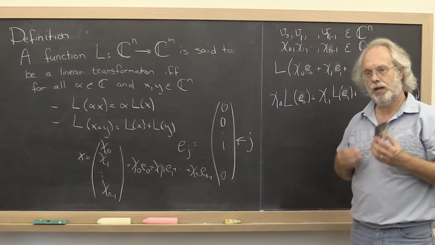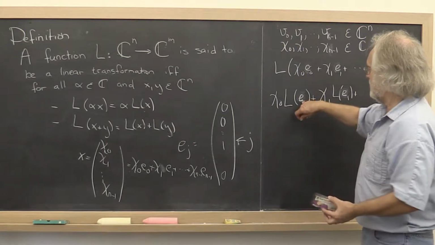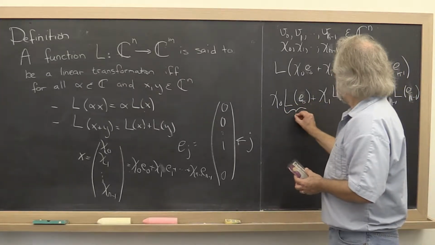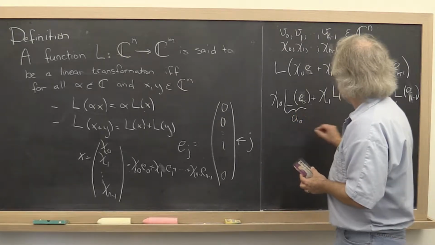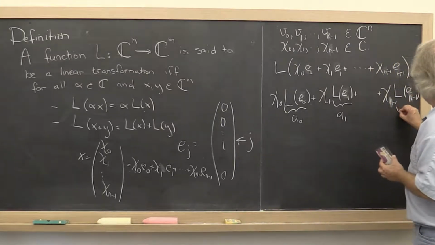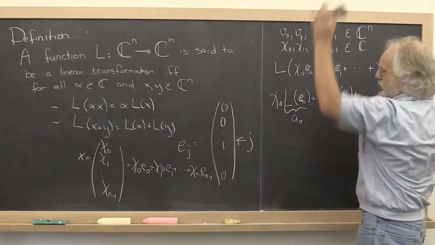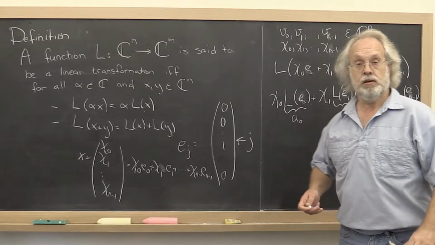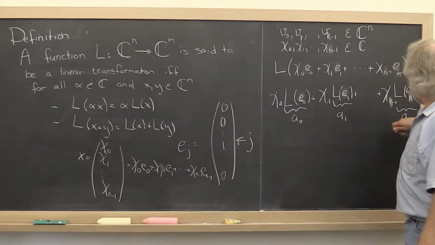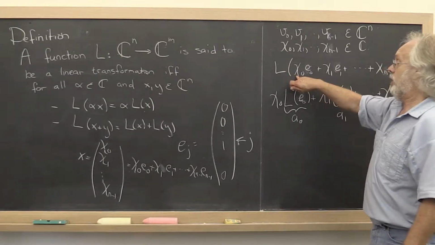Now, why is that so important? Well, notice that if we simply take our standard basis vectors and we compute what vector comes out, and then we throw away all of our knowledge about what that linear transformation is, we still have all of the information needed in order to evaluate L of x.